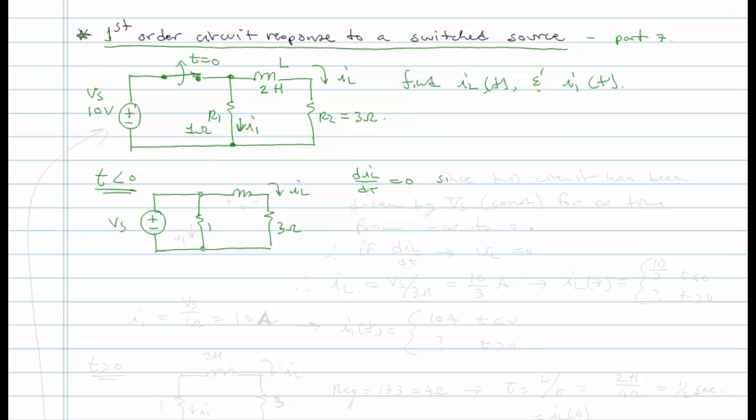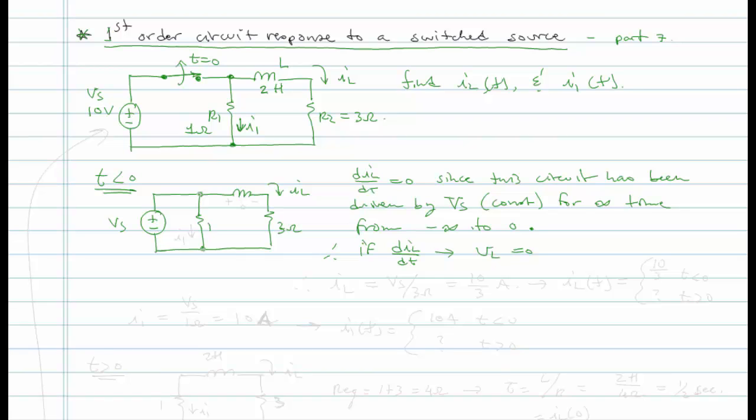This is since this circuit has been driven by Vs, which is constant, for infinite time, from minus infinity to time 0. Therefore, if dIL/dt is equal to 0, then VL is equal to 0.